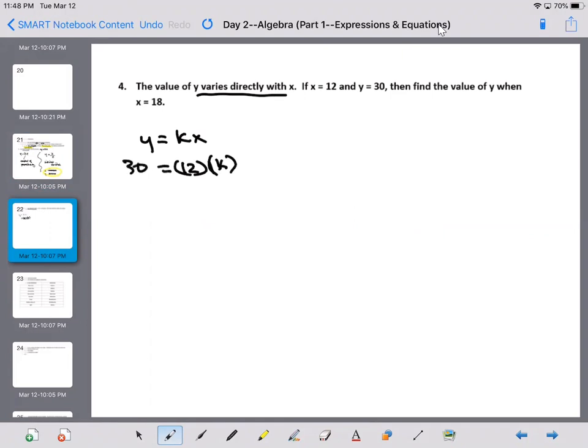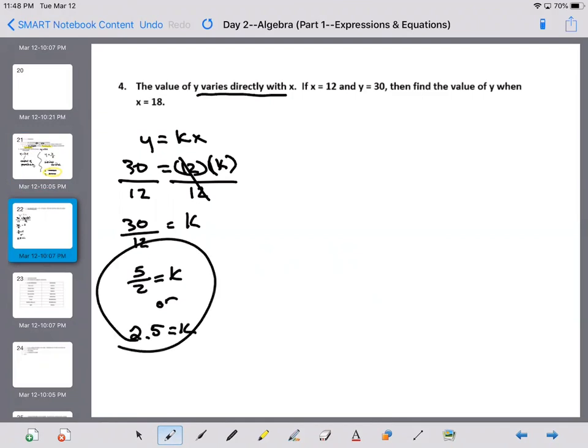So I'm just going to divide both sides by 12. So that would give me k is equal to 30 twelfths, both 30 and 12, both divisible by 6. So that would give me 5 halves, or 2.5 to equal k.